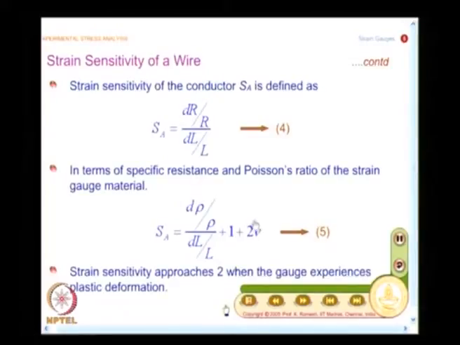And what you have here is, this gives an indication that strain sensitivity approaches 2 when the gauge experiences plastic deformation. The change in specific resistance goes to 0 and your Poisson ratio approaches 0.5.